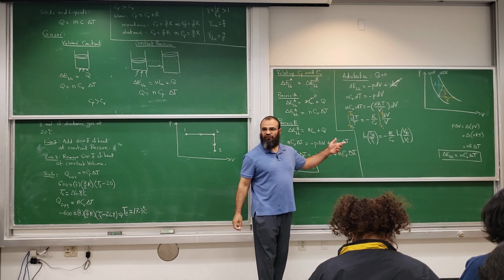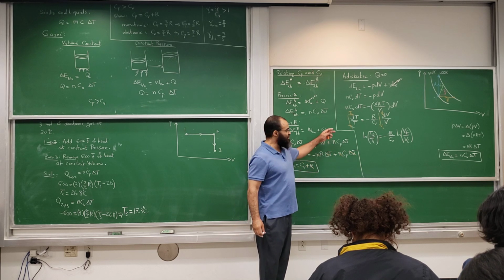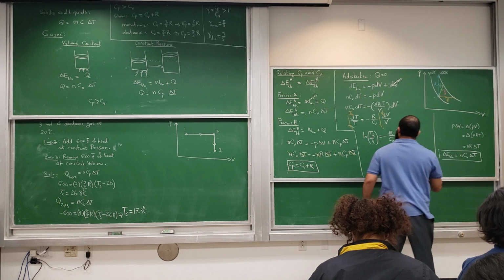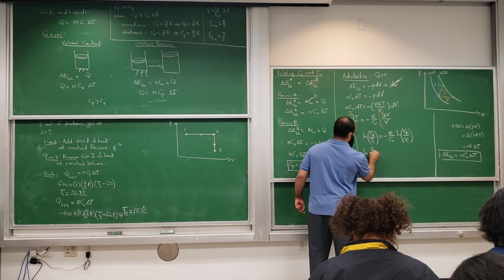We did this integral before, so we're familiar with it, so there is no reason to do too many steps. So then I have ln of T final over T initial.